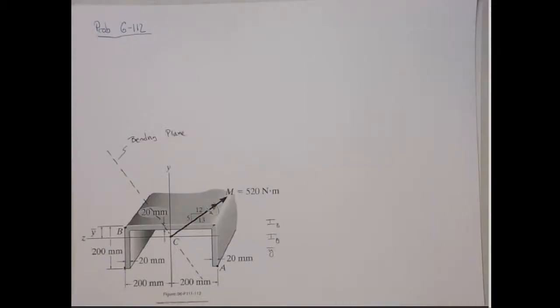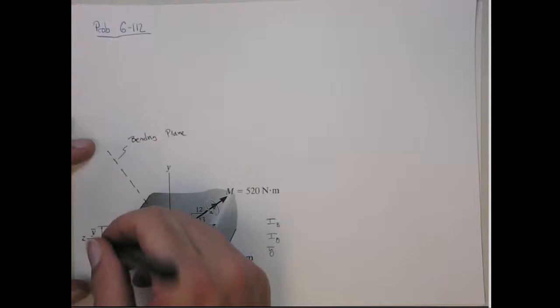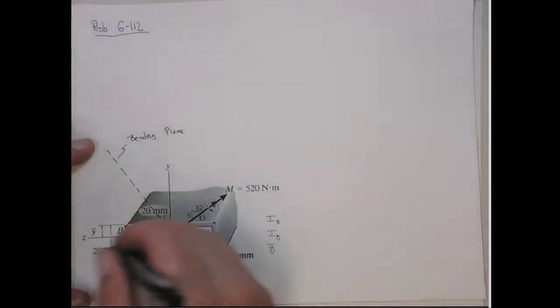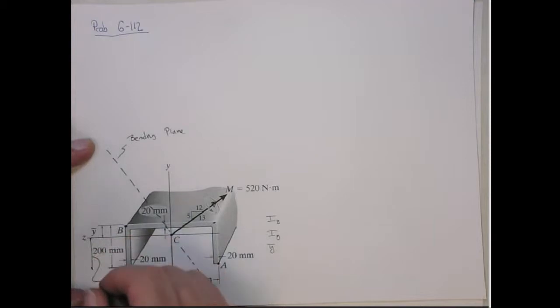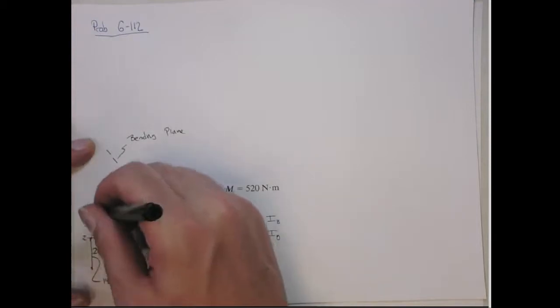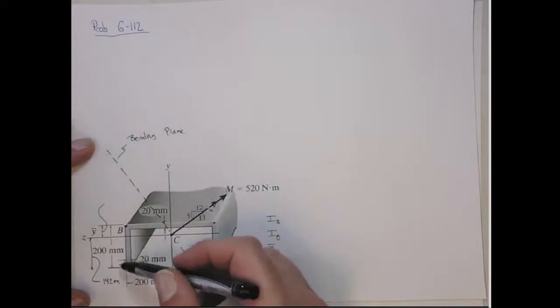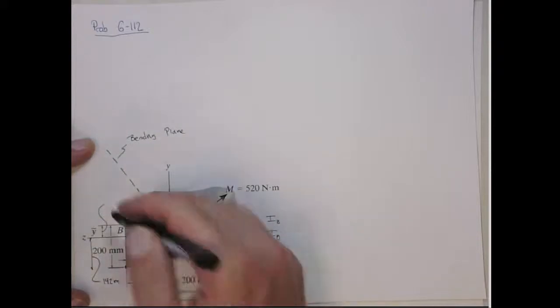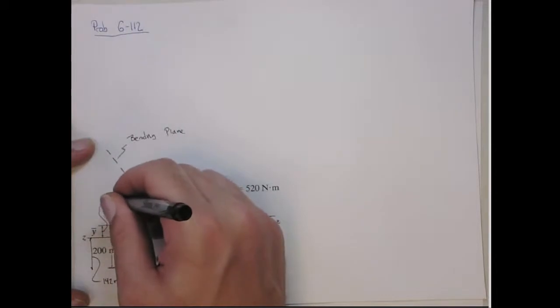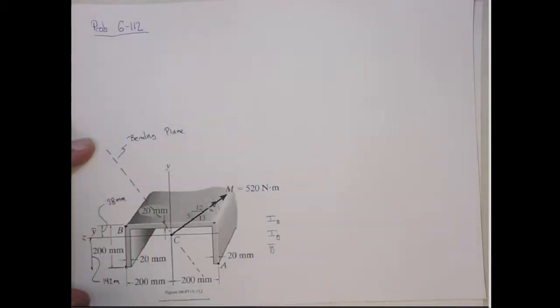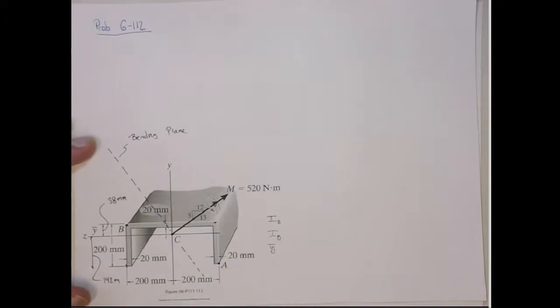So from that, this distance here we calculated to be 142 millimeters. So that means this distance has to be 200 minus 142, which is 38 millimeters.